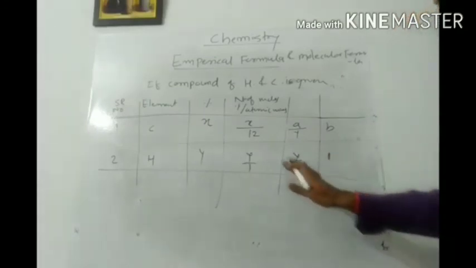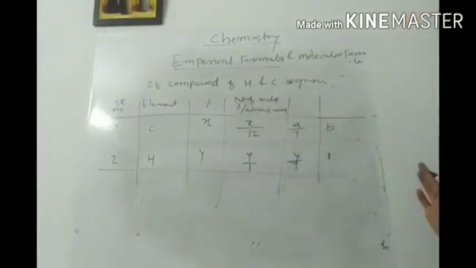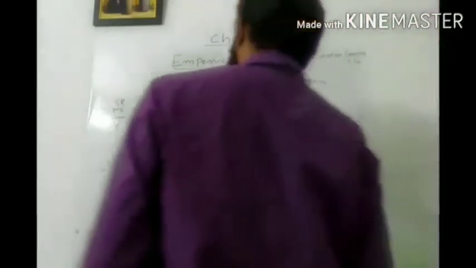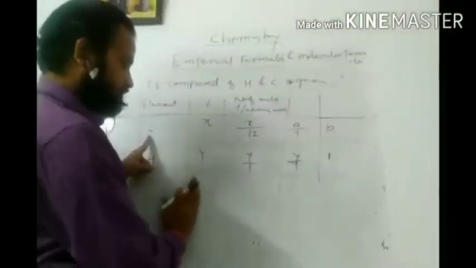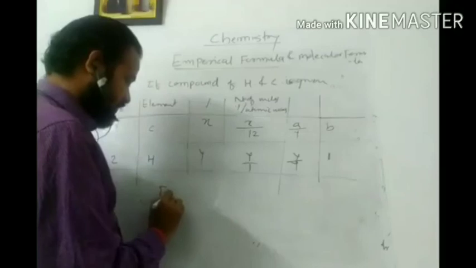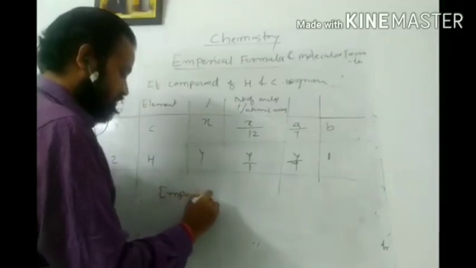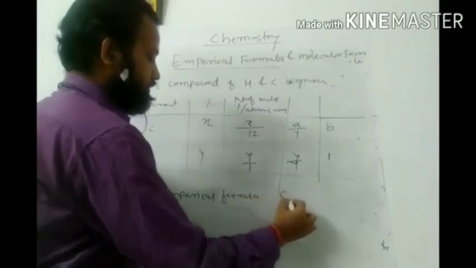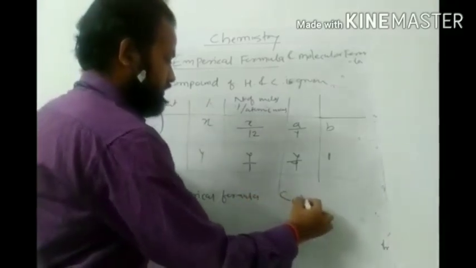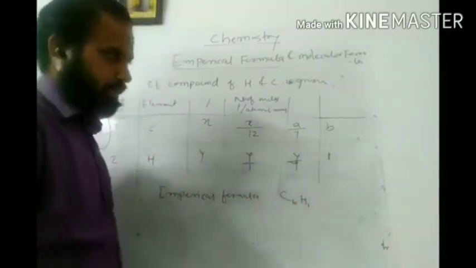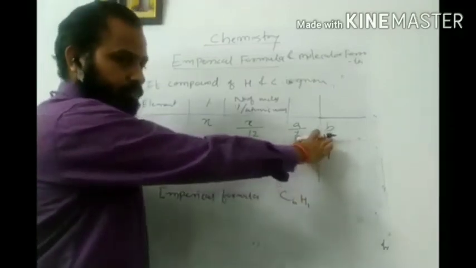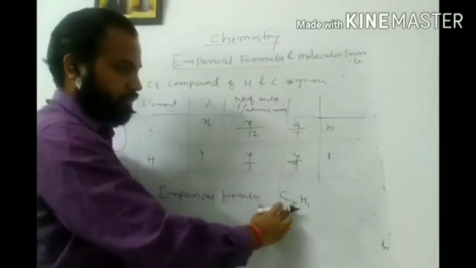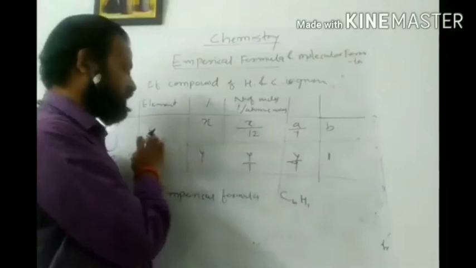Now once I write down this table, if I want to write down the empirical formula, I can write CbH1. Are you getting it? Whatever digit you have got, you just have to write down as the number of atoms of that particular element.